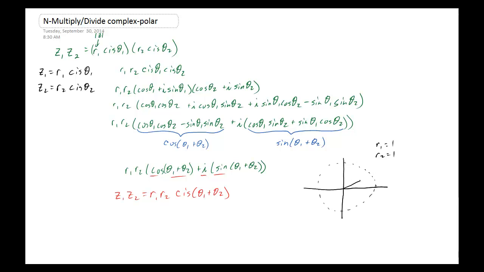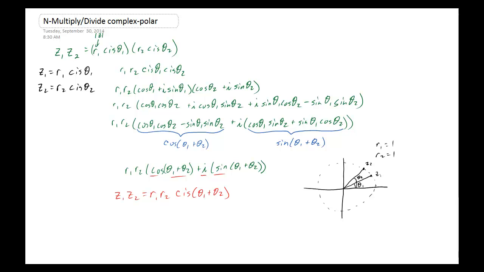So let's say we've got z1 right here and z2 right here. Both of them have a length of 1. So here's angle 1 for z1, and z2 is then angle 2.